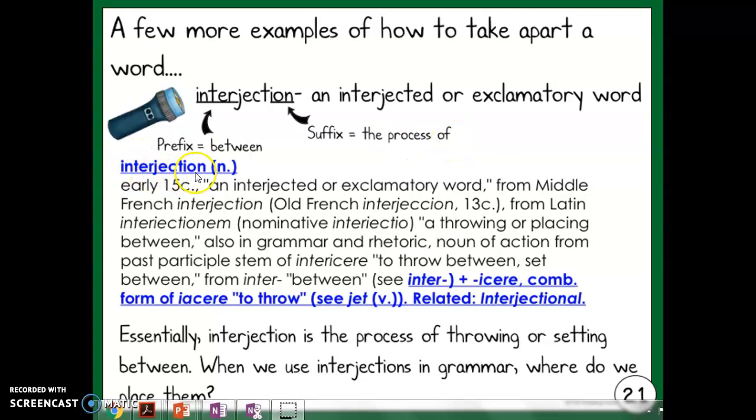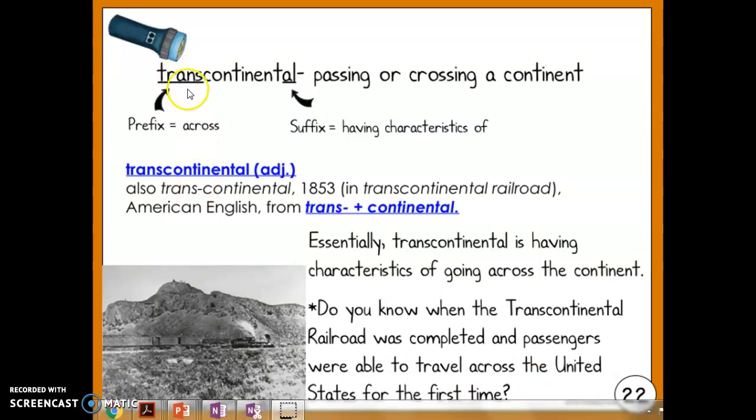So essentially interjection is the process of throwing or setting between. When we use interjections in grammar, where do we use them?